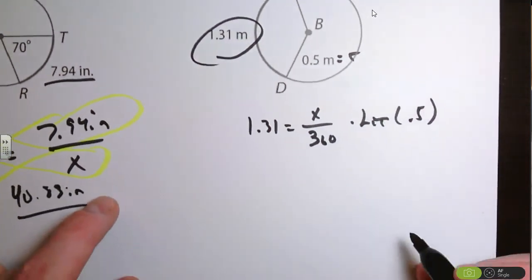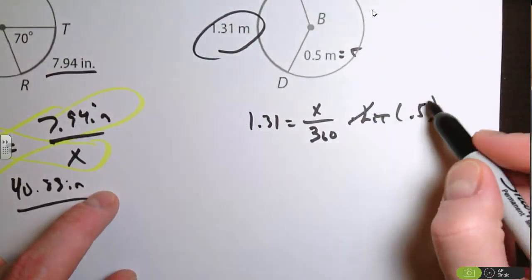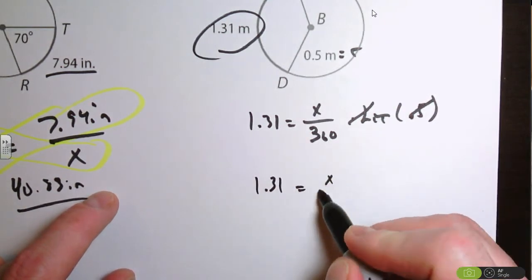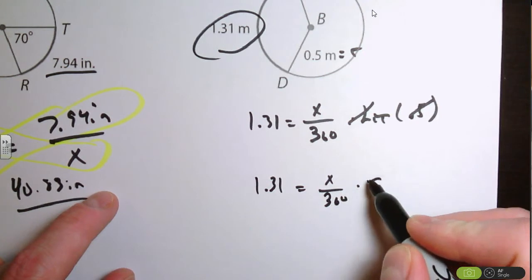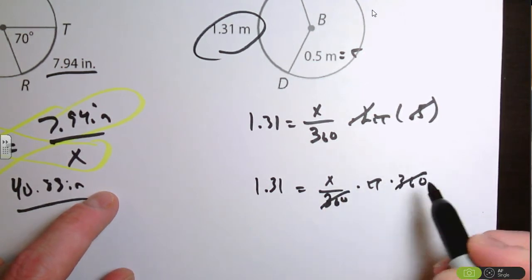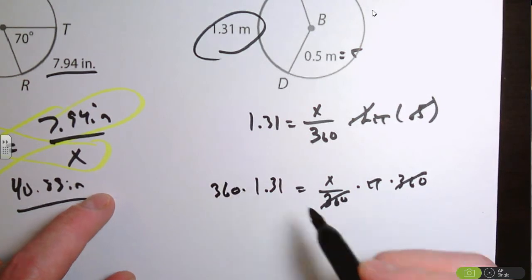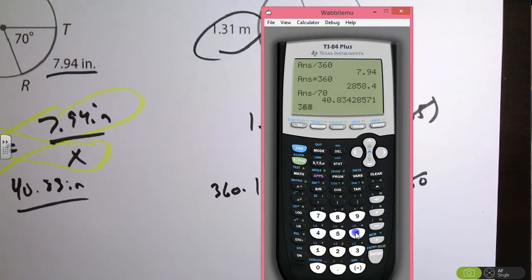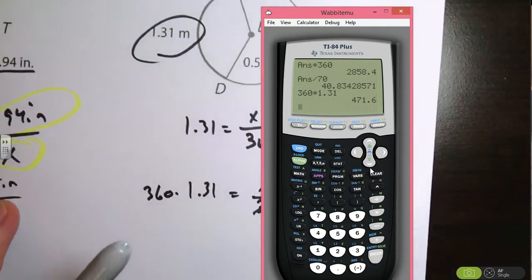Well, the nice thing about this one is the 2 and the 5 cancel off. So basically it's 1.31 equals x over 360 times pi. I would multiply by 360 to cancel it off. So 360 times 1.31 is 471.6.